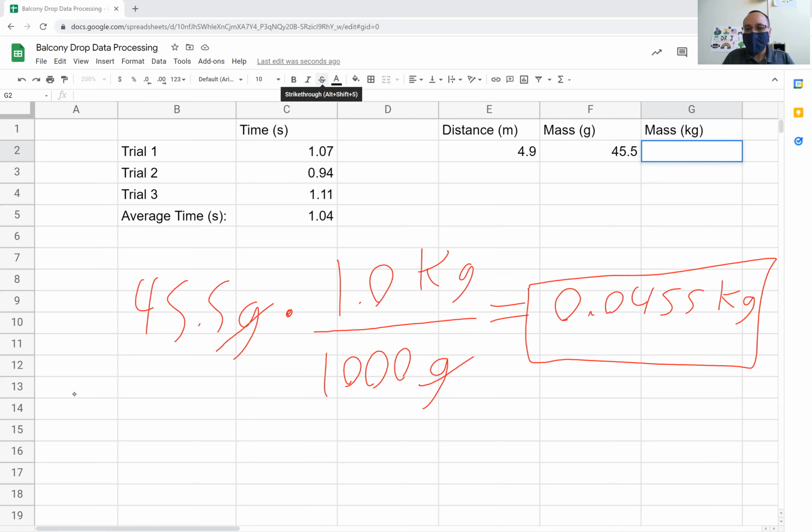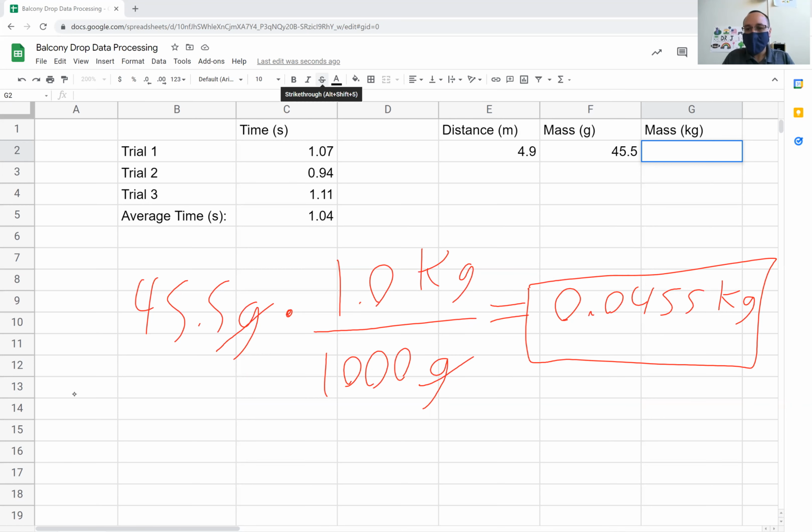So when we type into our formula bar, we're gonna say to ourselves, okay, this is 2 times, and this cell here is E2, okay? This is E2, 2 times E2 divided by, and this cell over here is C5, okay? C5 is this guy.